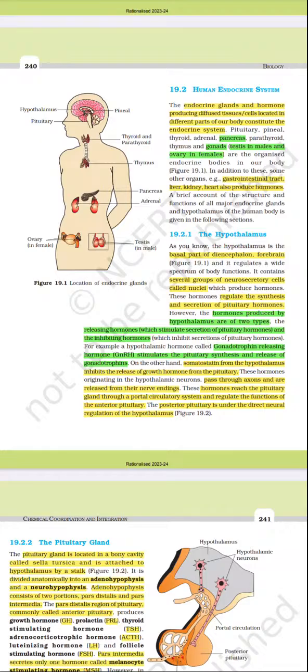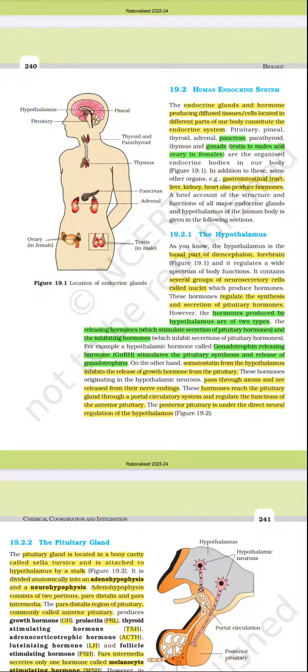For example, a hypothalamic hormone called gonadotropin releasing hormone, GnRH, stimulates the pituitary synthesis and release of gonadotropins. On the other hand, somatostatin from the hypothalamus inhibits the release of growth hormone from the pituitary.